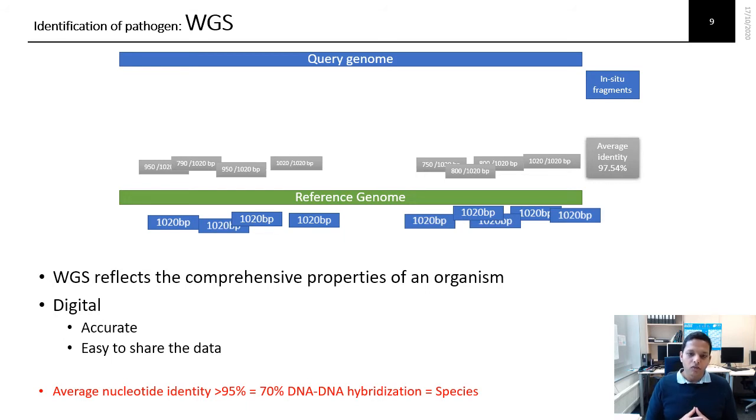Not only this, whole genome sequence being a digital method, it's more accurate and one can share the data. For example, initially you could not share 70% DNA hybridization data. Even more, if I do the 70% DNA hybridization here in Germany and I come back to India and do it in your laboratory, there can be a fluctuation of plus or minus 5%.